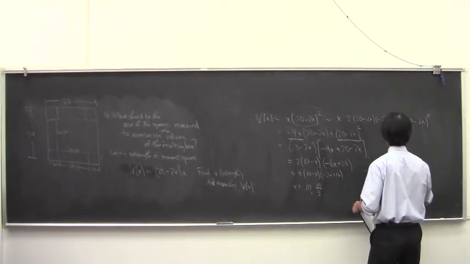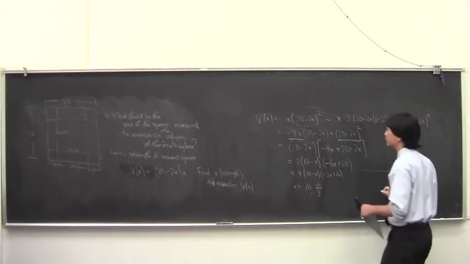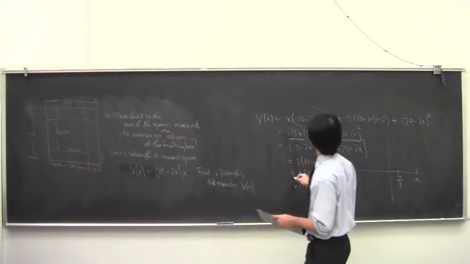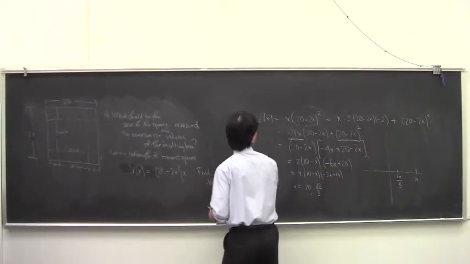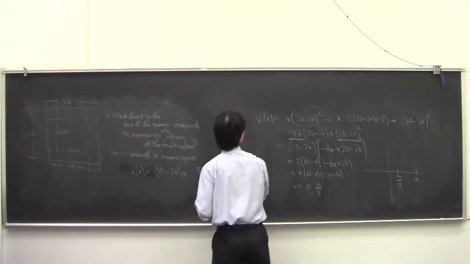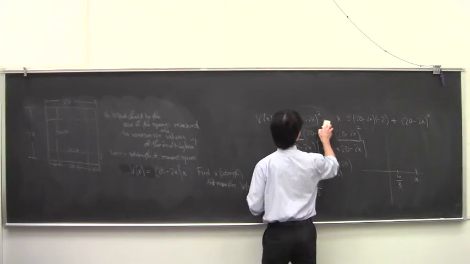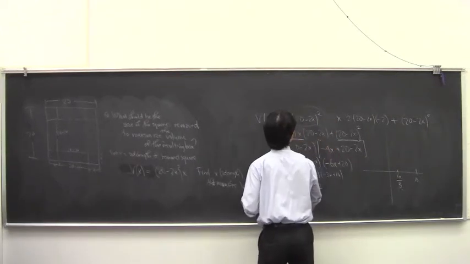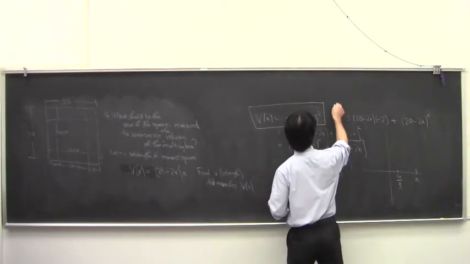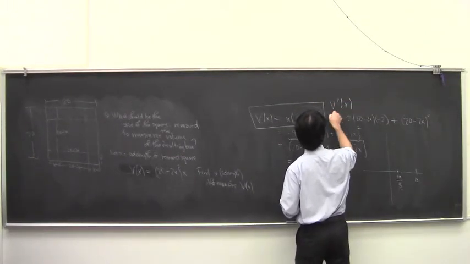So 10, 10/3. Sorry, I messed up here. This is V, right? This thing is V. Here is V prime.